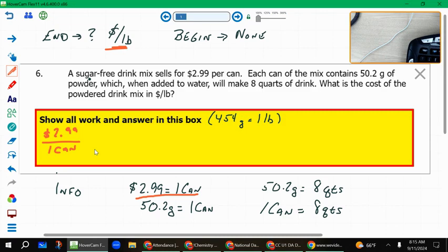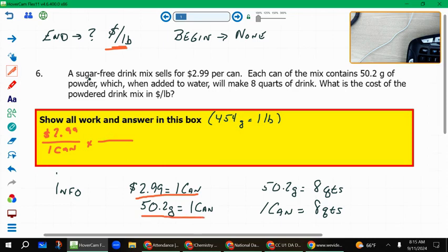So, for this problem, I start out with cans. Please remember, cans is where in this fraction, top or bottom? Look at the fraction that I have written there. It's on the bottom. So where am I going to have to put cans to get rid of that unit? On the top of my next one.